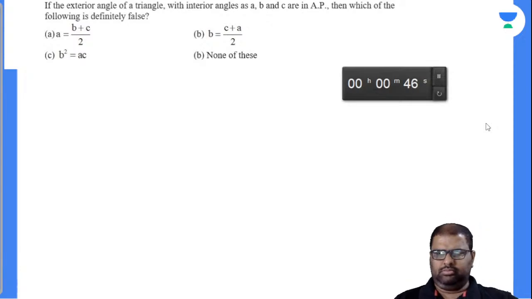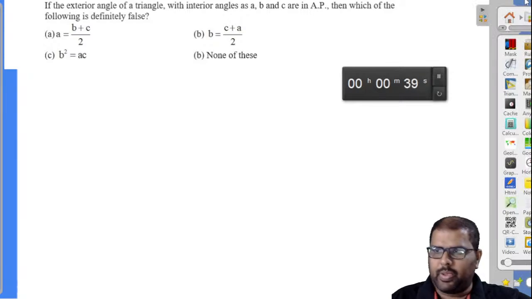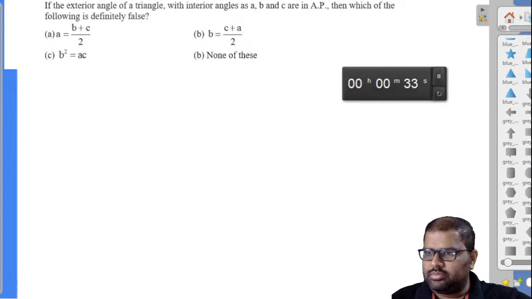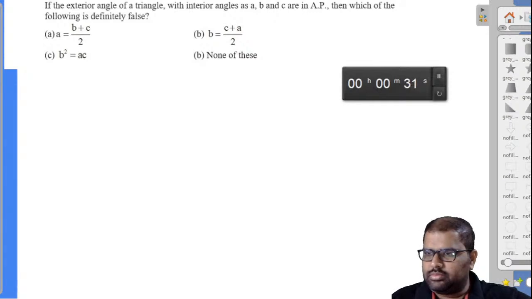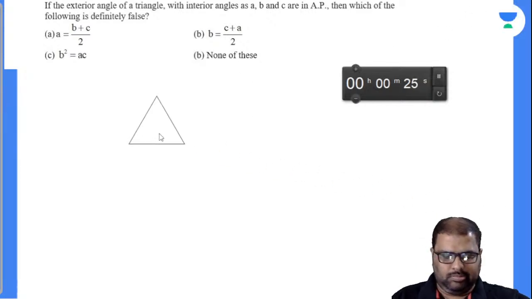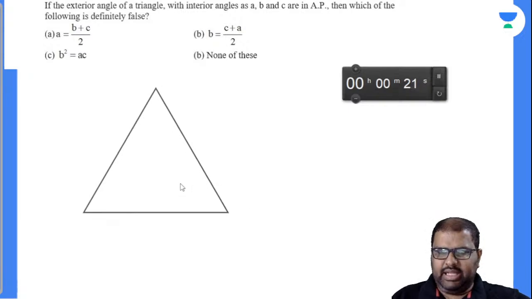If the exterior angle of a triangle, it seems here. So I'll take the shape first of all. If the exterior angles of a triangle with interior angles, right?